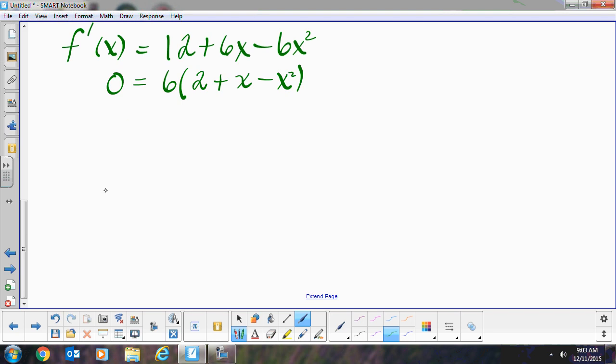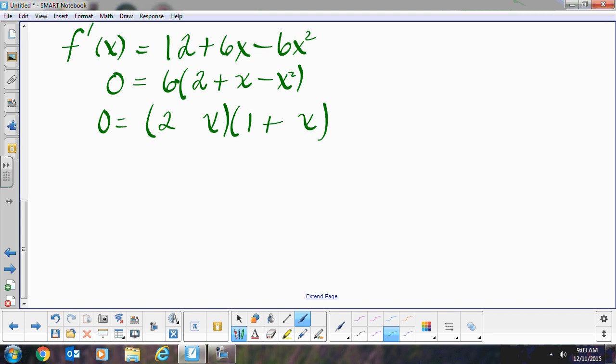I like it. Now, I'm only going to divide by 6 because there is no variable. The factors of 2 are just 2 and 1. What are the factors of the x? Just x and x. Now, I need a negative x and I need a positive 1 in the middle.